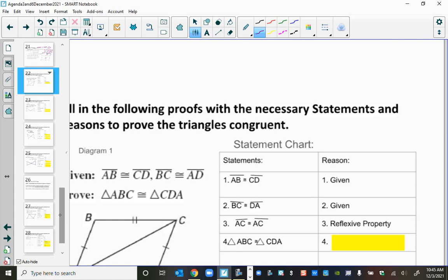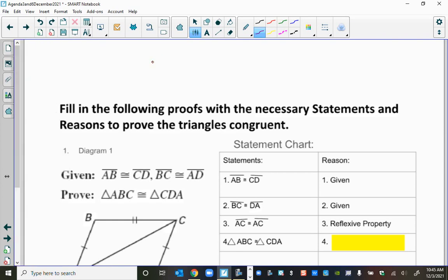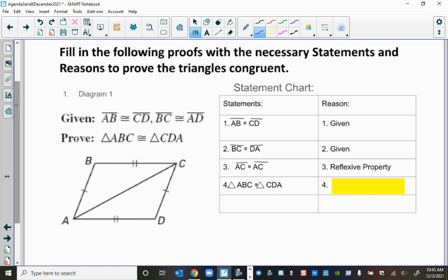All right. Now, these next few we're just going to basically break down what type of triangle congruence we have. So right away, for this first example, they said AB and CD were congruent.